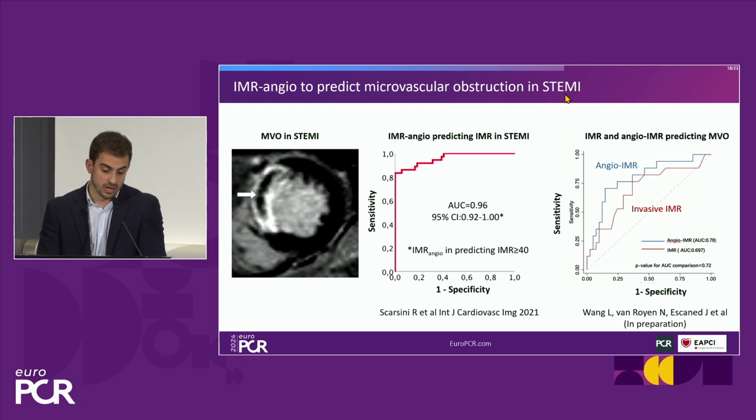As we all know, microvascular obstruction in STEMI detected by MRI is associated with bad outcomes, and there have been several approaches to the validation of angio-IMR to predict this phenomenon and to predict IMR in this subset of patients, one by the group of Scarsini and also one by our group, with similar and parallel results, concluding that angio-IMR is able to predict microvascular obstruction in MRI.